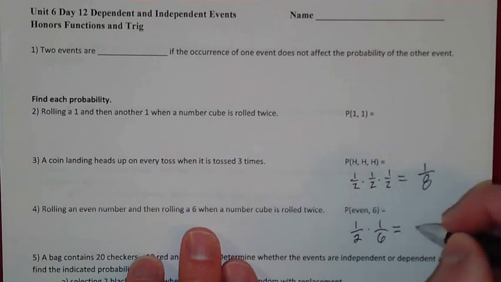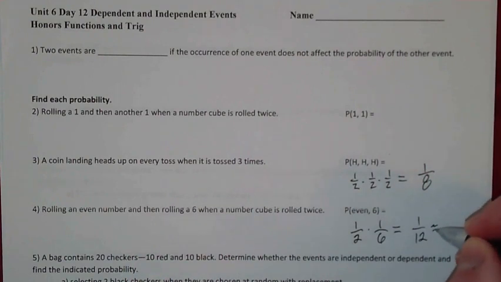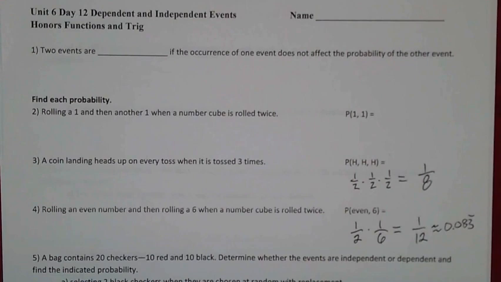And 1/2 times 1/6 is 1/12. Then we could convert that over into decimal form. I'm not sure what that is, like 0.08 or something like that. But I'm okay with the fraction form of those answers.